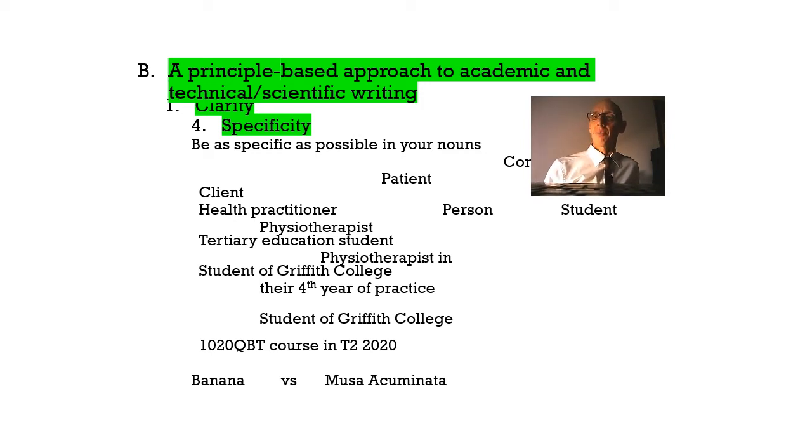So most of the time, banana production would only be used in a vague introduction, and then they'd talk about specifically Musa acuminata or another banana, or they talk about a number of them in that document. So more often than not, in anything technical related to agriculture, they're going to be using the Latin names for plants, etc. So being specific.